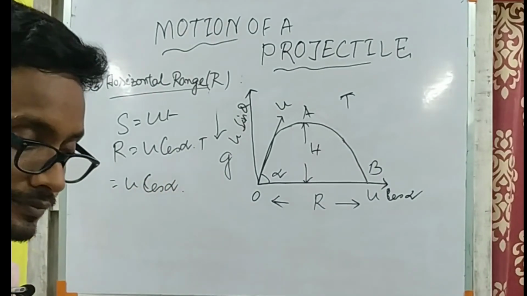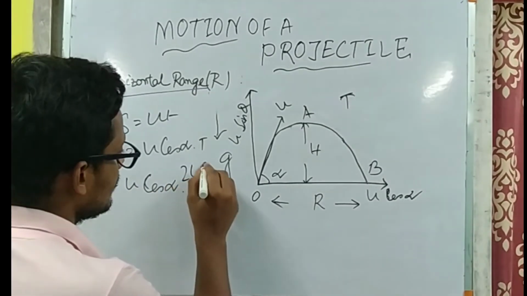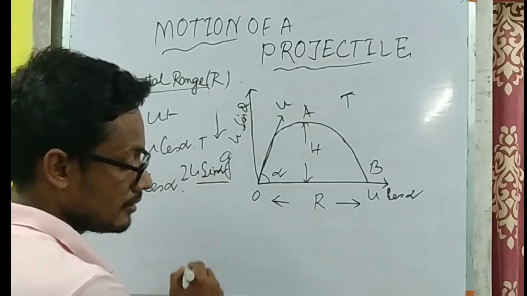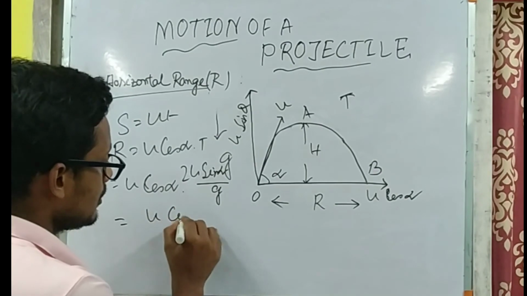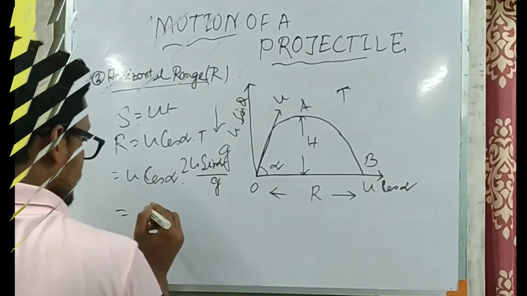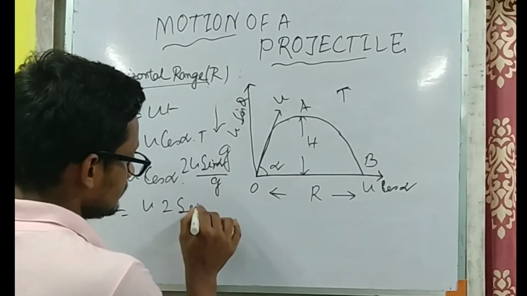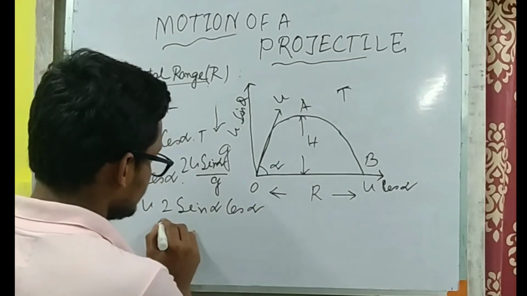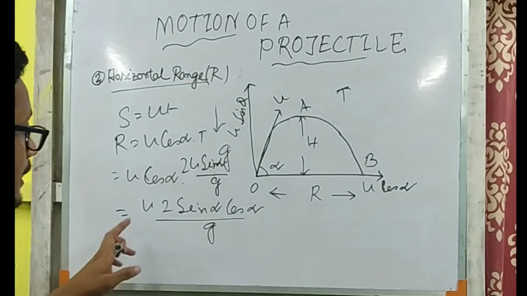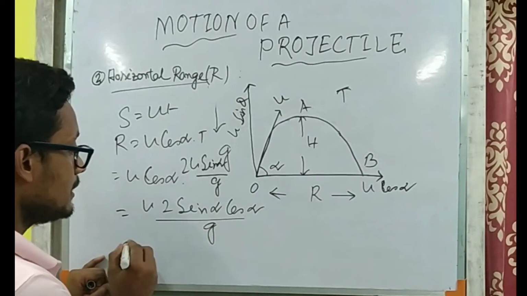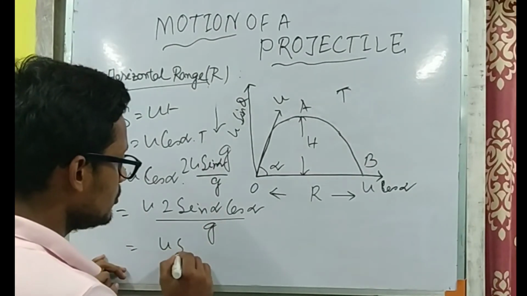Previously we have calculated the value of t. So using the value of t, we can write r is equal to u square 2 sin alpha cos alpha by g. So we can write r is equal to u square sin 2 alpha by g. This is the final expression for the horizontal range of a projectile.